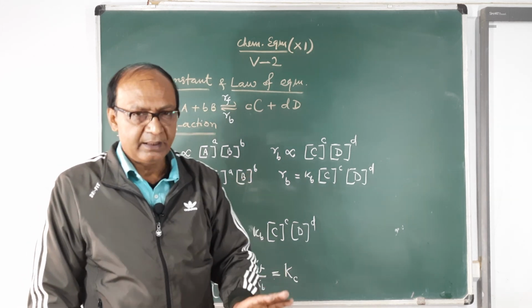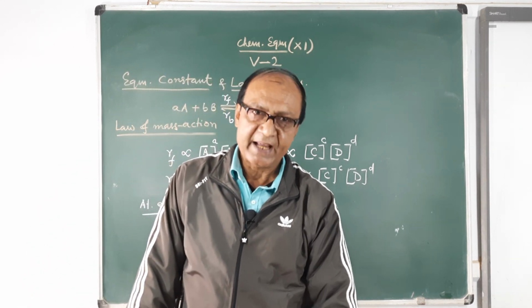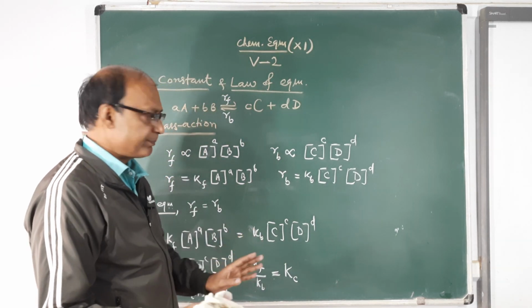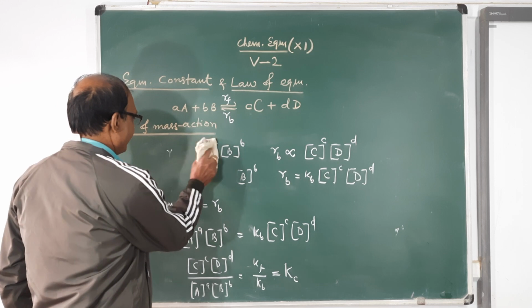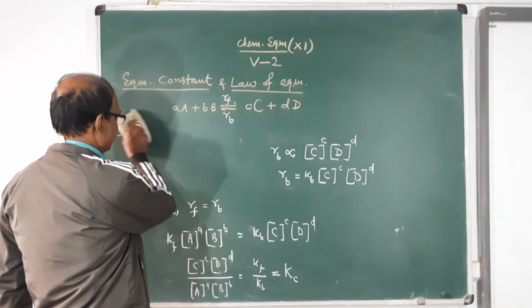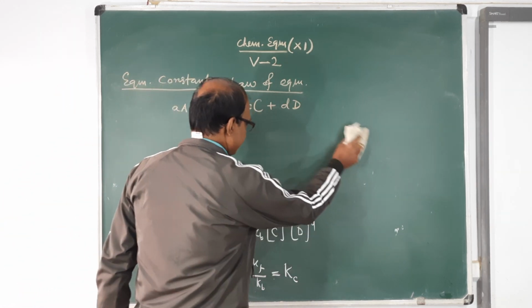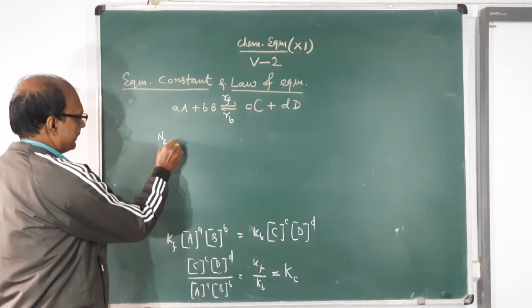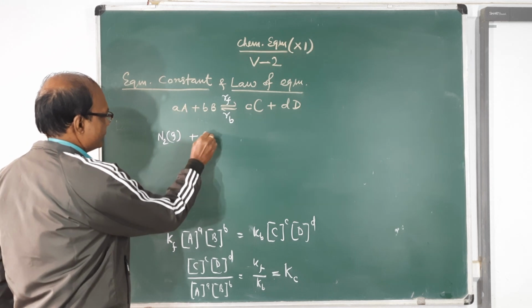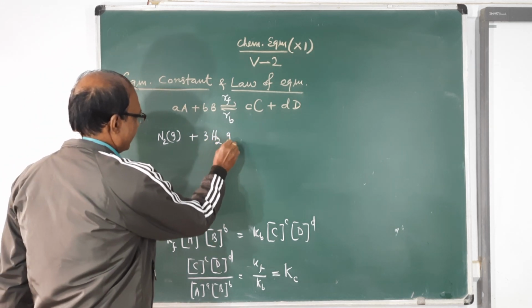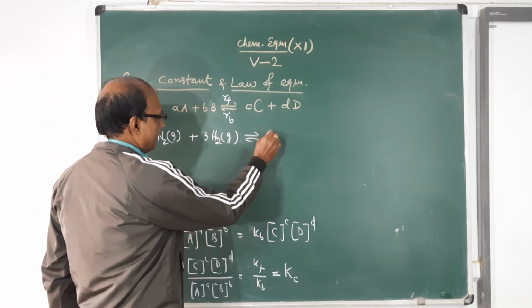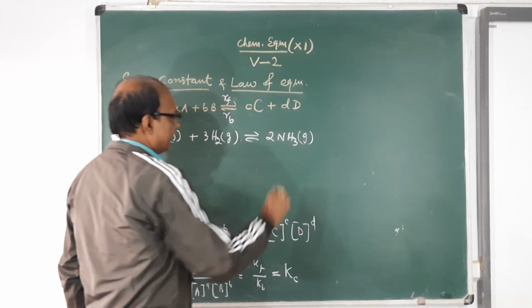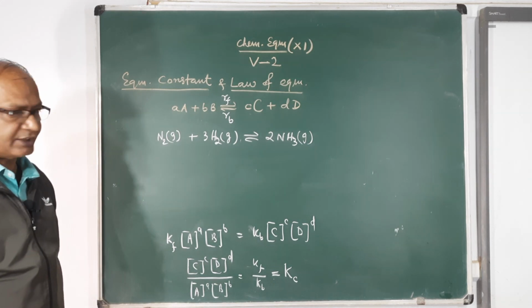Now we are writing some chemical reactions, and we are writing the expression of Kc for those reactions. Supposing the chemical reaction is N2(g) + 3H2(g) ⇌ 2NH3(g). You know that this is the chemical reaction.